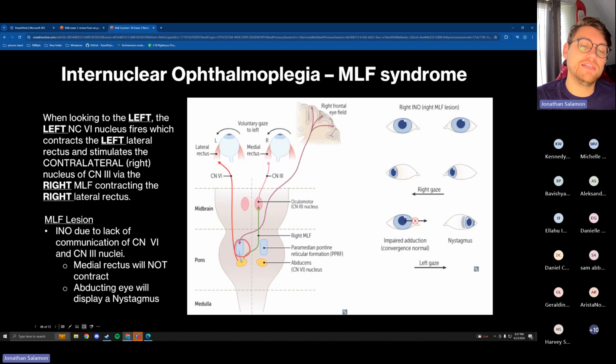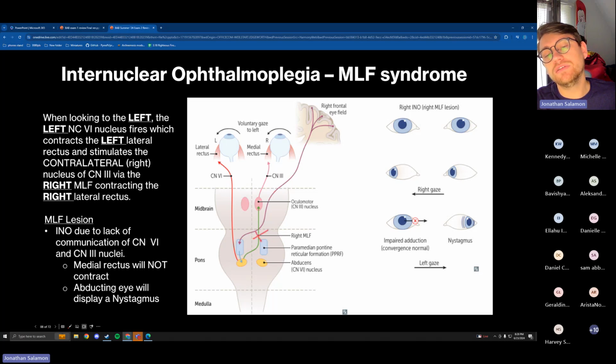The PPRF is going to tell the sixth nerve nucleus on the left to contract the lateral rectus muscle, turning the eye to the left. It is then at the same time going to send contralateral signals to the oculomotor nucleus, the third cranial nerve nucleus, to contract the medial rectus and adduct the right eye.